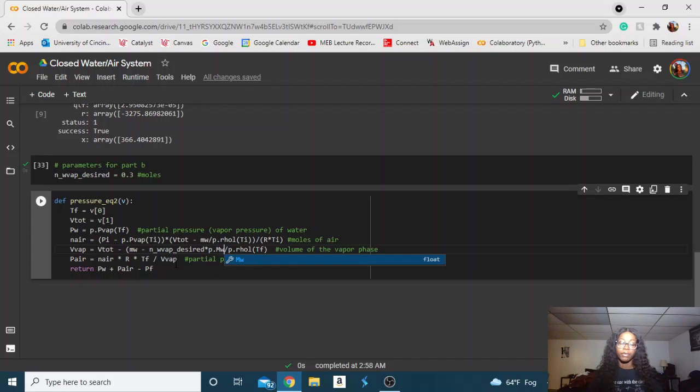Say if, instead of taking the property of the molecular weight of water, I instead input the actual value for the molecular weight of water, which is 18.02 grams per mole. Now, if I did that and at a later time came back and decided I wanted a different compound, well, I would have to come back down to this part of the code and delete the molecular weight for water and then input the molecular weight for whatever new compound that I picked.